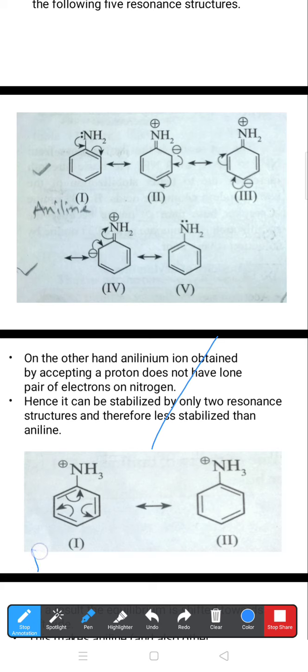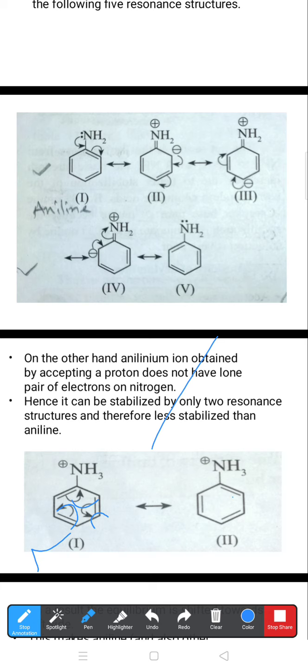Now in this anilinium ion, electrons are shifted only among the ring; they do not reach the nitrogen atom. These pi electrons are shifted over here, these pi electrons over here, and these over here. That's why there is a change of positions between the pi electrons.